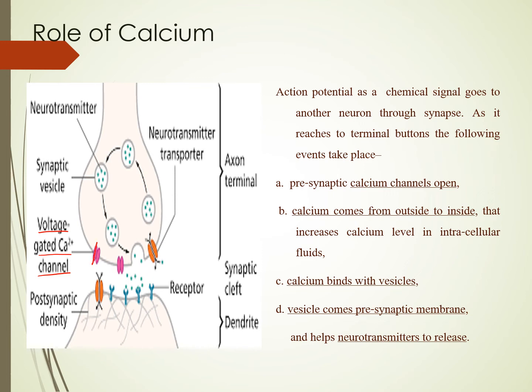So calcium enters the intracellular fluid from the extracellular fluid. Calcium comes from the outside to inside, and that increases the calcium level in the intracellular fluids. After that, calcium binds with the vesicles. Vesicles come to the presynaptic membrane and this helps the neurotransmitter to be released.